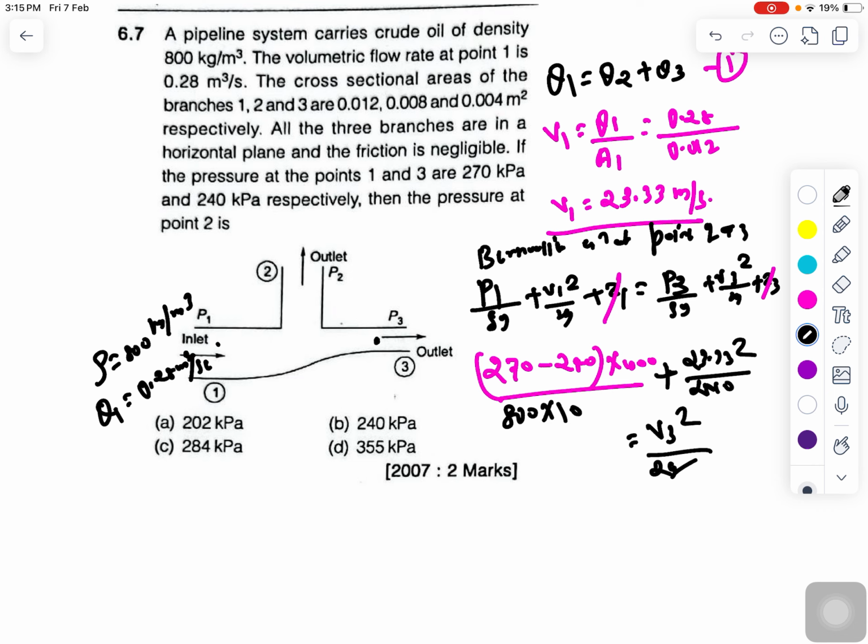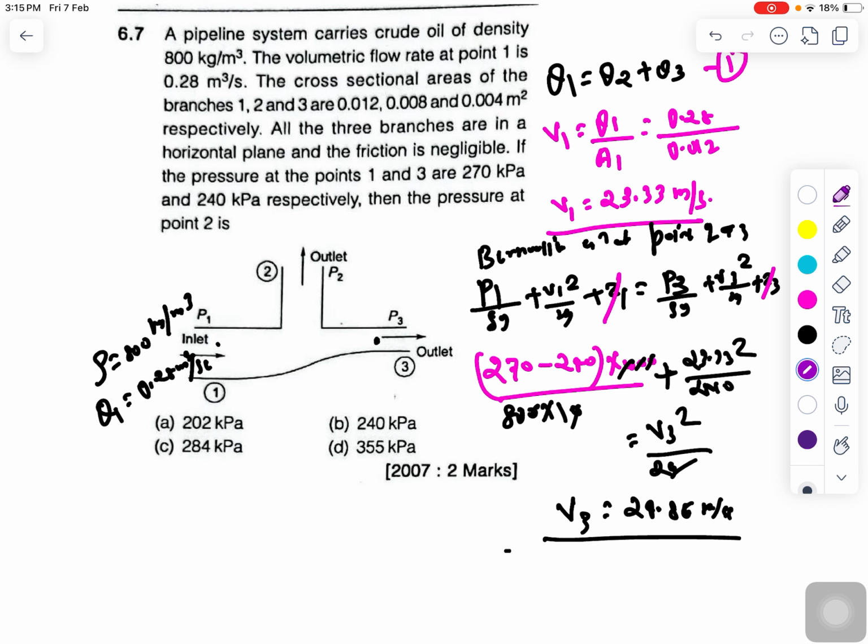The value of v3 from here you will be getting is 24.88 meters per second, right?